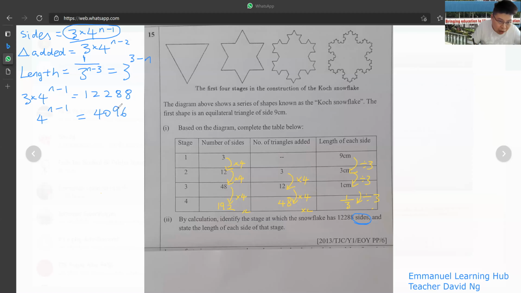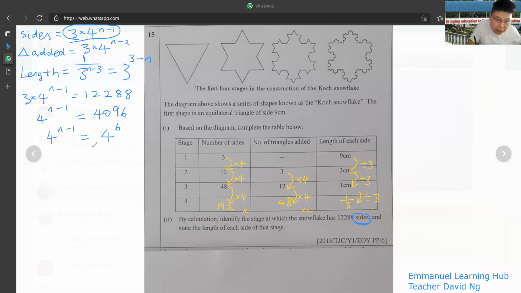You haven't learned logarithm yet, right? Because you haven't learned logarithm, can you tell me 4096 is 4 to the power of how many? 6. If you can tell me at such a fast pace, that means this way of working is possible during the exam. Because with a touch of a button on the calculator, you can test it out: it's 4 to the power 6, your 4096.